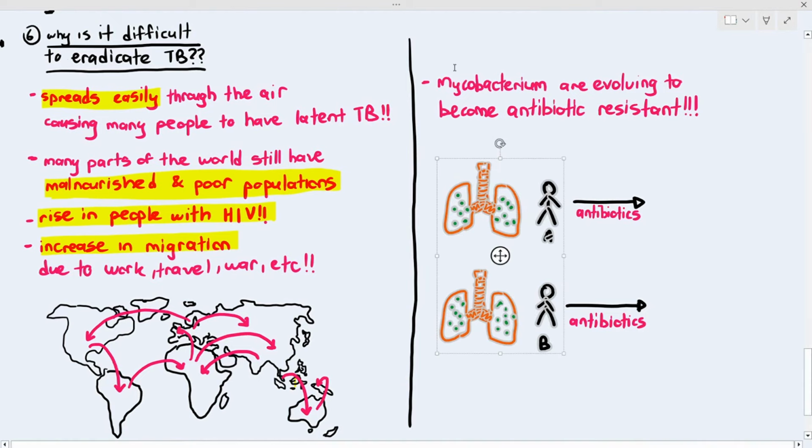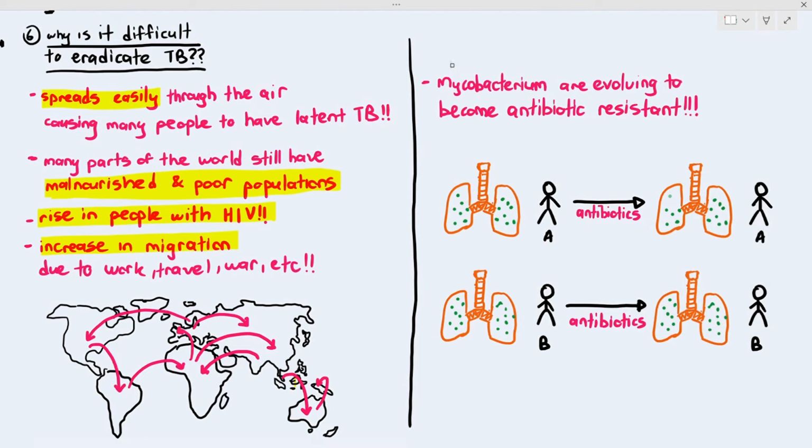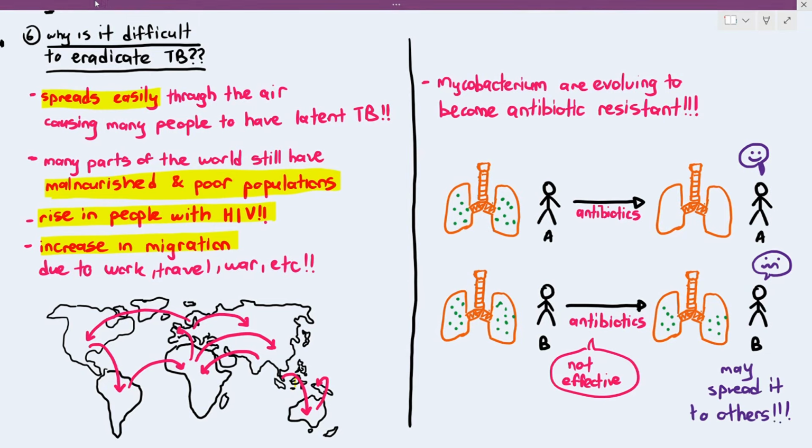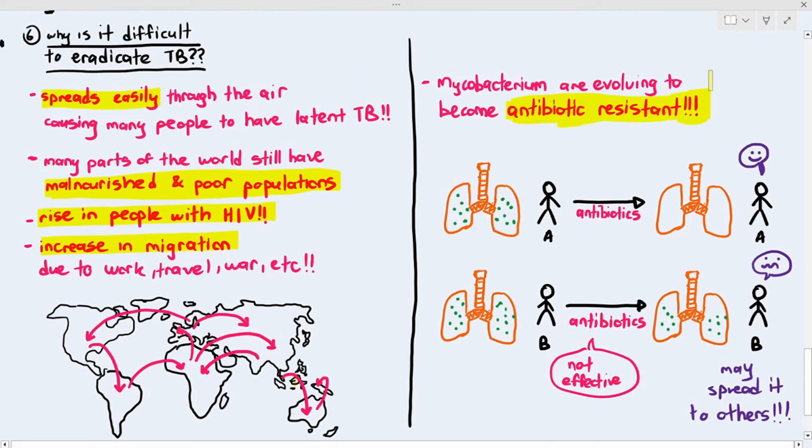But person B, however, when they are given the antibiotics, only some pathogens died off, and the other surviving pathogens are said to be antibiotic resistant. And because it is antibiotic resistant, person B may also spread the disease to other people as well. And this can be an issue.